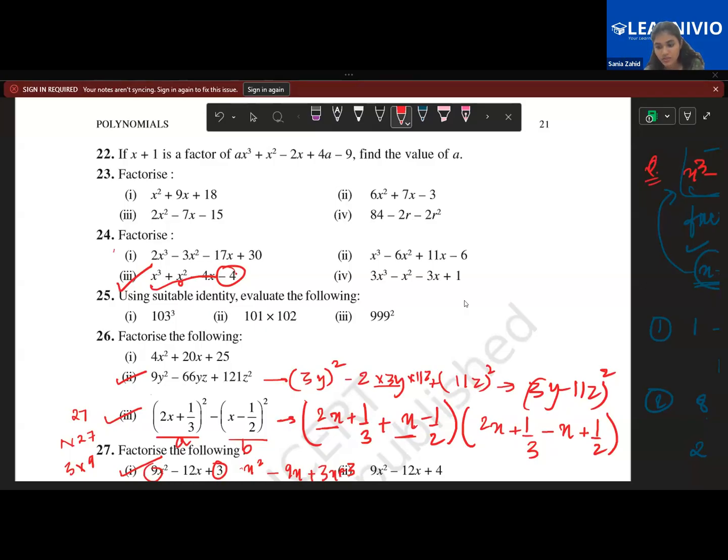And then how did you get plus 1? Here, plus 3 minus 2 is plus 1. So you got plus 1, and then you wrote 2y square plus 3y plus 1.